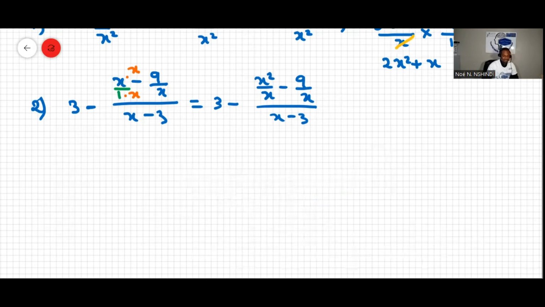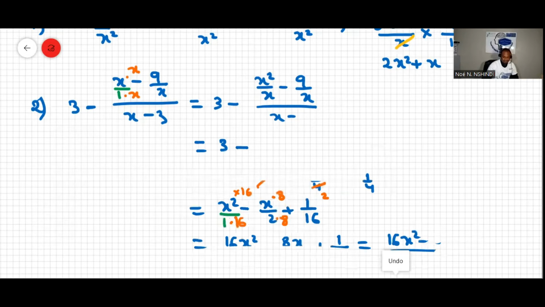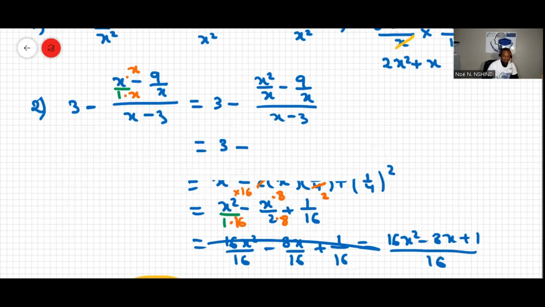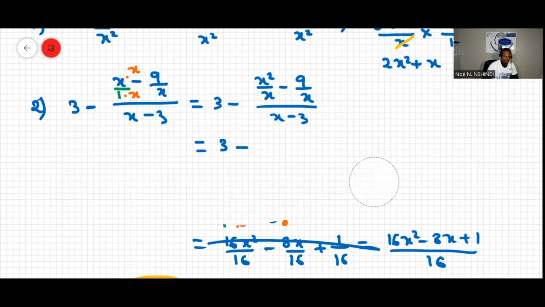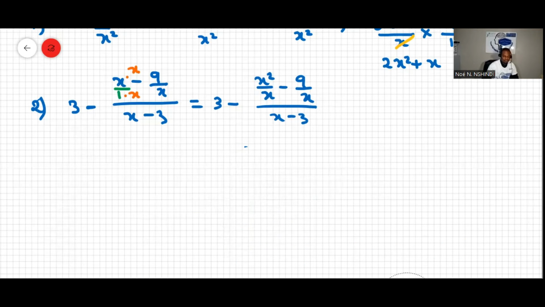This will then be 3 minus x squared minus 9 over x, all over x minus 3.